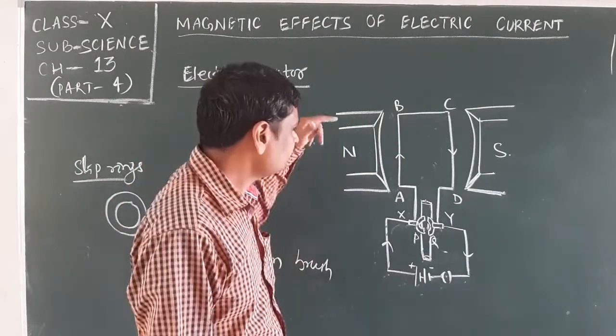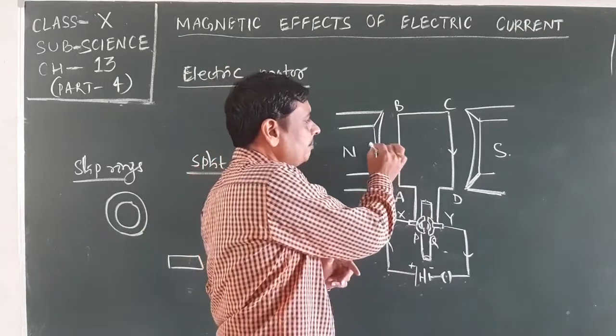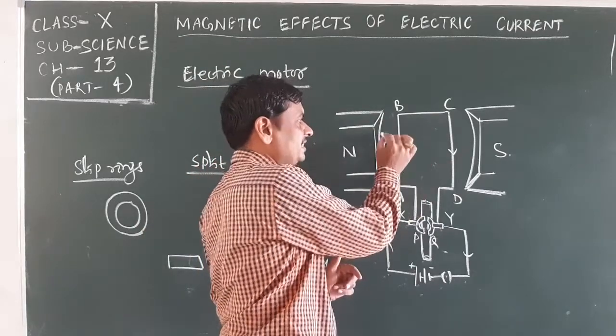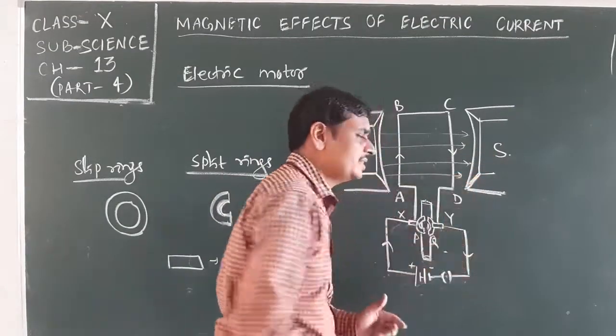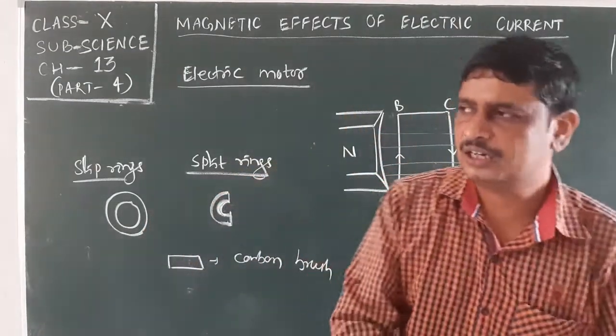Here the magnetic field has the direction from north to south, so the magnetic field lines move from north to south.